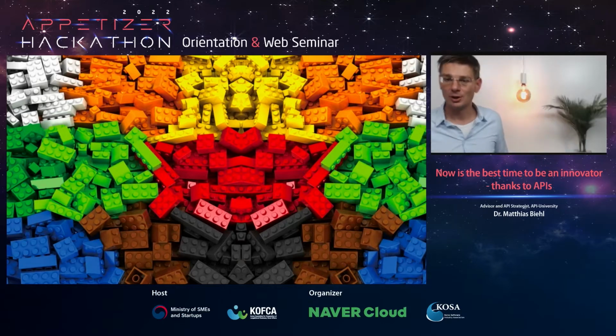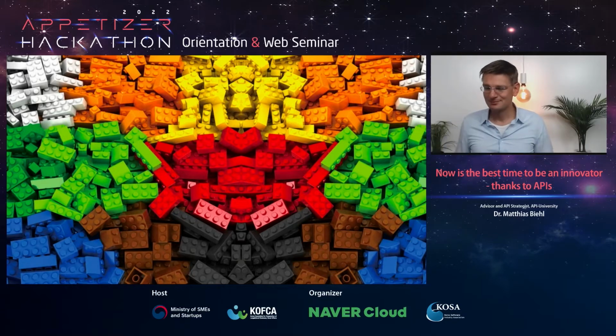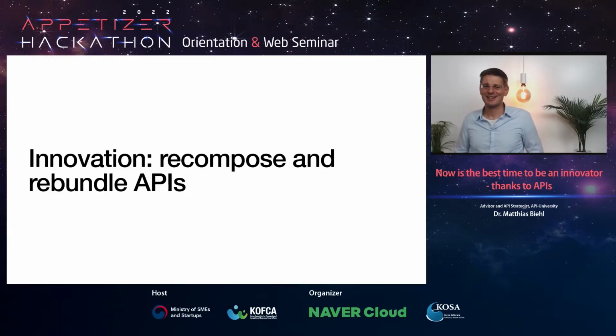You're going to go and look for building blocks, digital building blocks, that help you achieve your task. In this Lego box, there are lots of those building blocks. And innovation just means composing and rebundling those APIs that already exist in new and innovative ways.